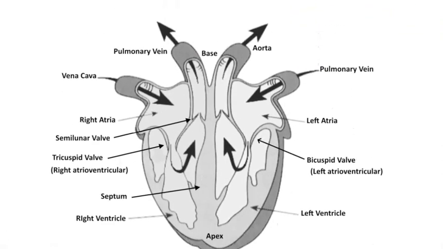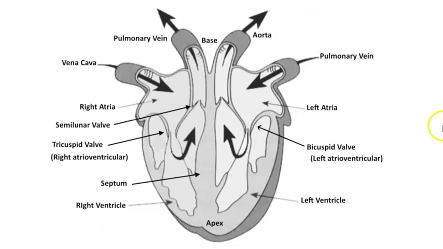Now, if you're lucky enough to be able to observe a heart dissection, you may well be able to observe the following structures from a dissected heart. The top of the heart, when orientated this way, we call the base, and the opposite end is called the apex of the heart. There are two receiving chambers at the top of the heart, and these are called the atria.